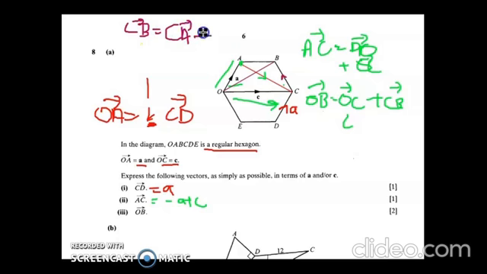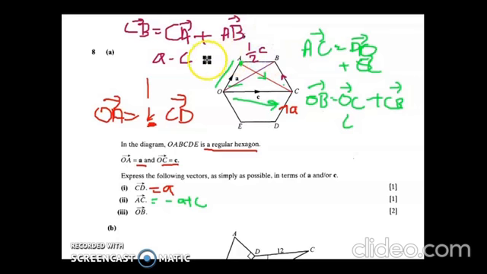Okay, CA plus AB. Now, we already know what CA is. We know AC. AC is minus A plus C. So CA will be the opposite, that is A minus C, plus AB. Now, we know that OC is C, and we know that AB is half of OC.